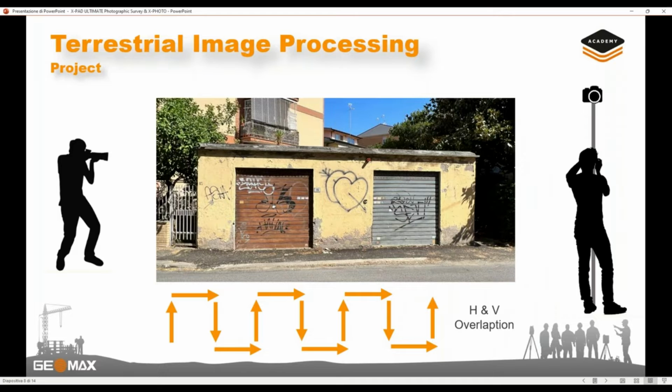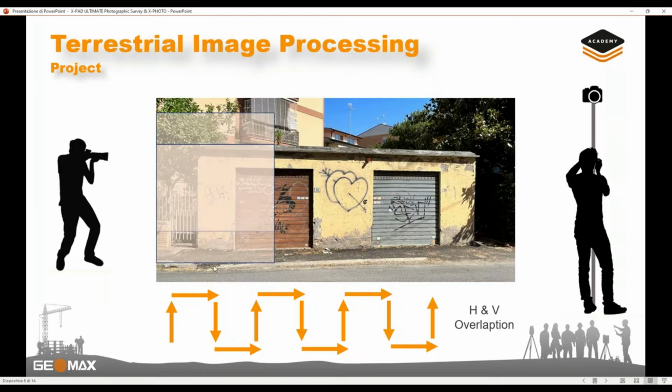Okay, so what does it mean, for example, horizontal and vertical overlap? That means we need to shoot the first photo, then have a correct overlap, so 60% overlap between the first and the second photos, in that case in vertical. Then a third photo, same overlap, but in that case between the second and the third in the horizontal.